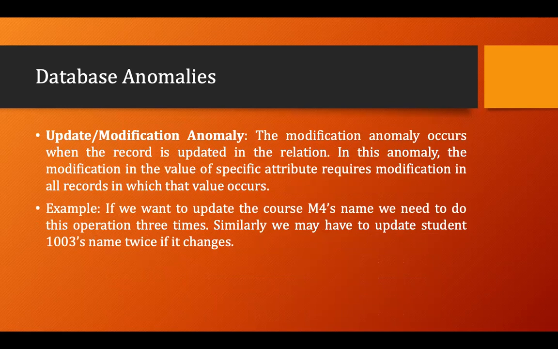In this anomaly, the modification in the value of a specific attribute requires modification in all records in which that value occurs. It says that if you want to update a particular attribute, you have to find all the occurrences of that particular value in the attribute, and then update all the occurrences.